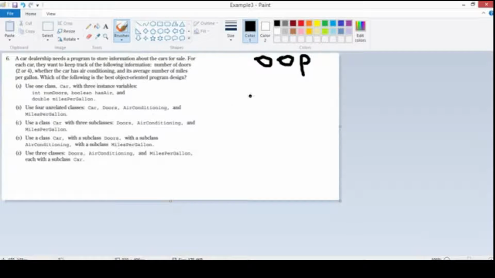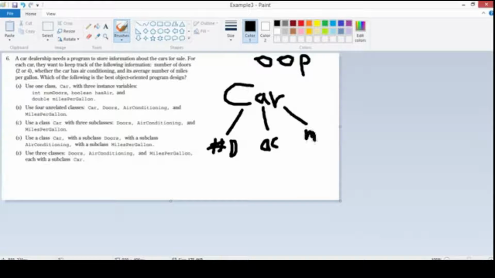The first one says we have one class, car, and it has 3 instance variables. One for the number of doors, which we'll represent as numD, one for has air, which we'll represent with AC, and another one for miles per gallon, which we'll represent with MPG.